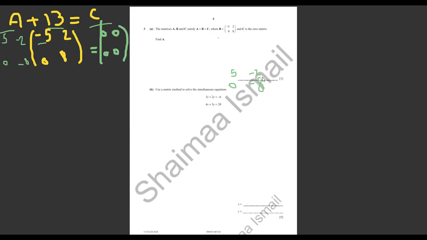Okay, the next question. We are asked about the values of x and y from the matrix equation. So we write it as it is: the matrix 3, 2, 4, 5 multiplied by x, y, equal to -6, 20.